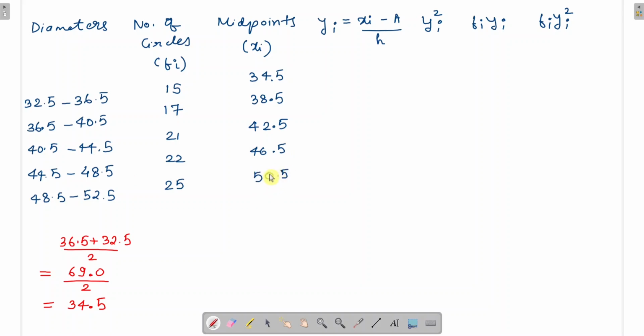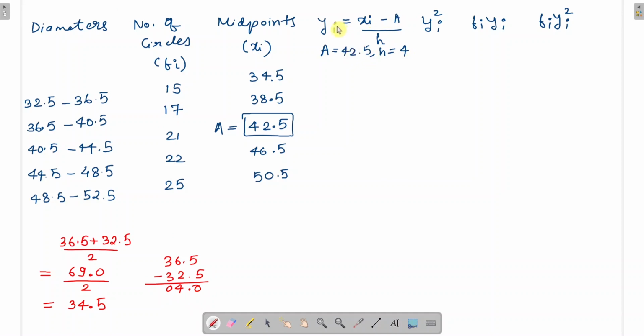Okay, now what we have to do is we have to assume the mean here, so that is this, right, the middle value of the data. So this will be our assumed mean. So A will be 42.5 and H is nothing but the common factor. So for that what we have to do is 36.5 upper limit minus lower limit 32.5, so 0, 6 minus 2 is 4 and 0, so H is 4, right?